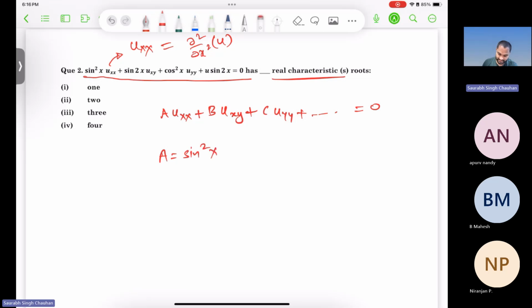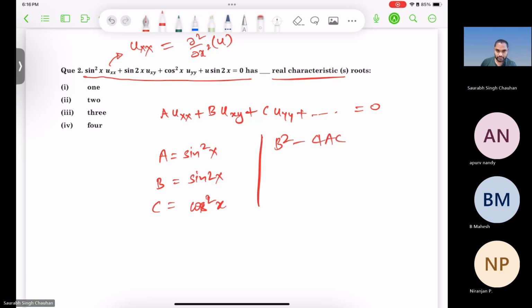And b? And c is cos square x. So what do we need to find now? B square minus 4ac. So b is sine 2x.